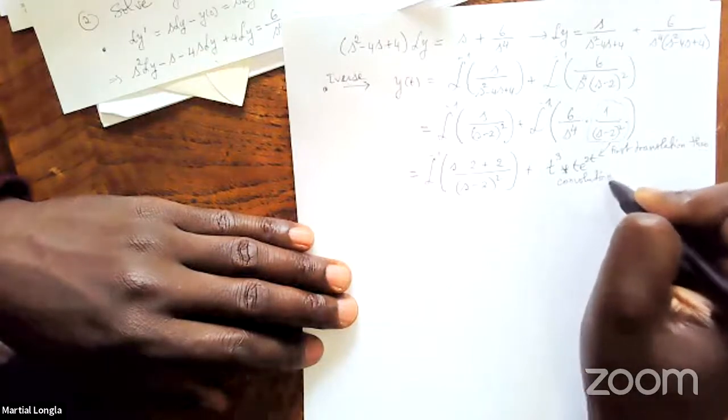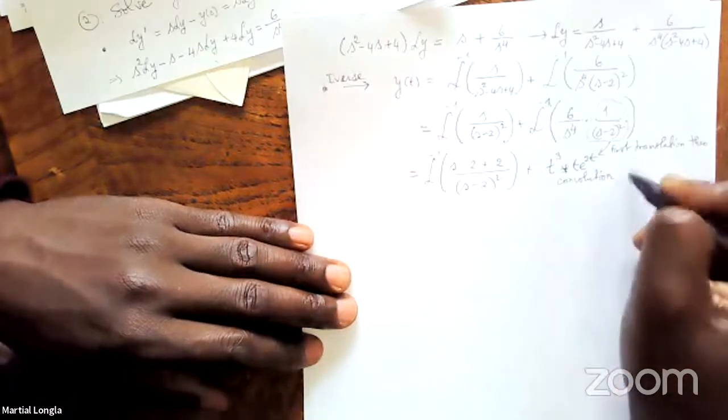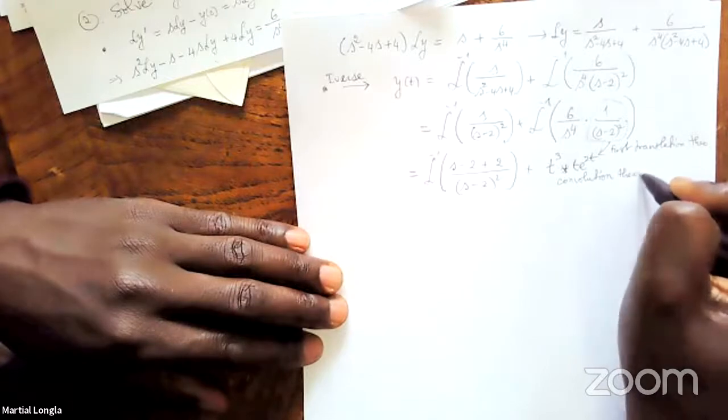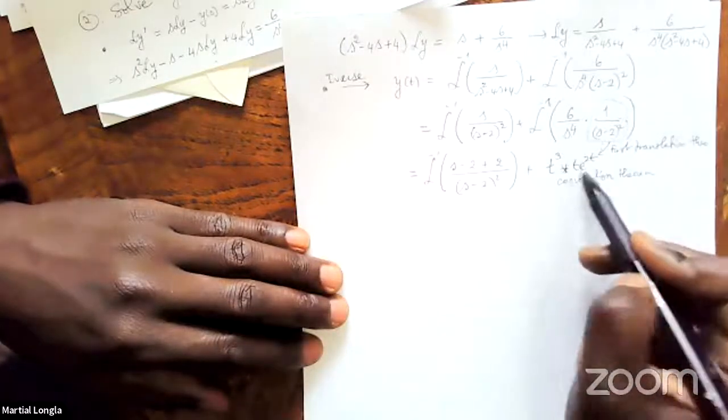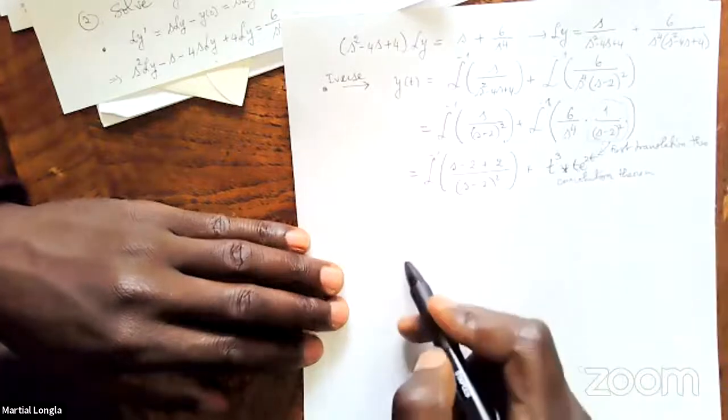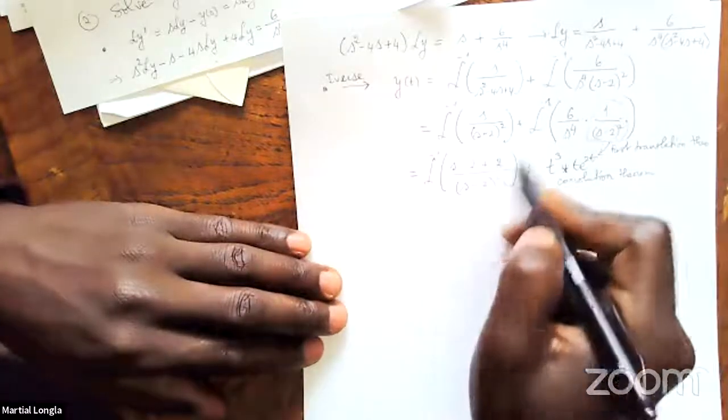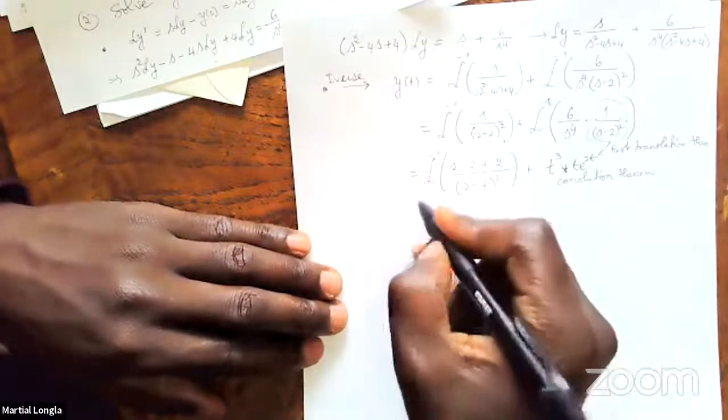And that's why you need to be ready with all the topics before doing this. So you have the first translation theorem, you have the convolution theorem to get out of here, and then you have splitting here to get out of the first one.